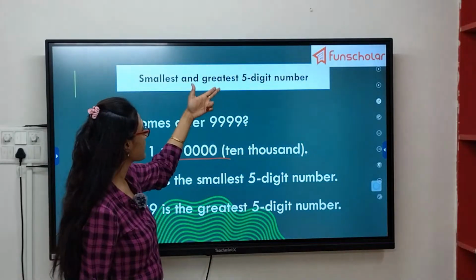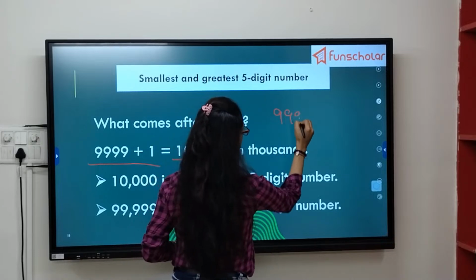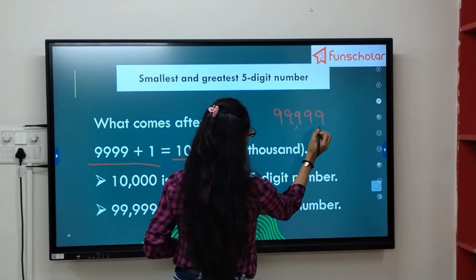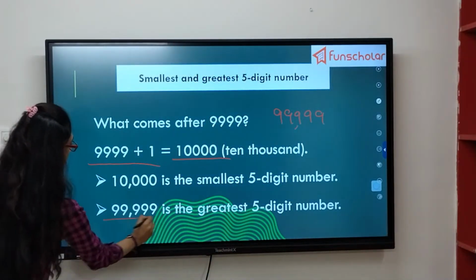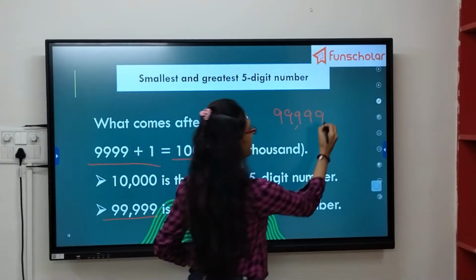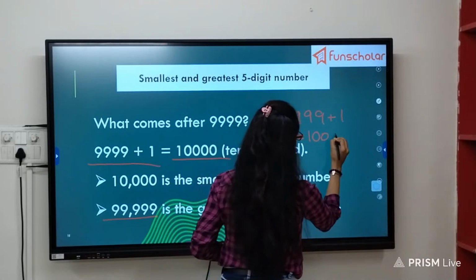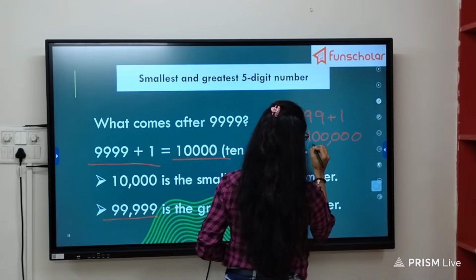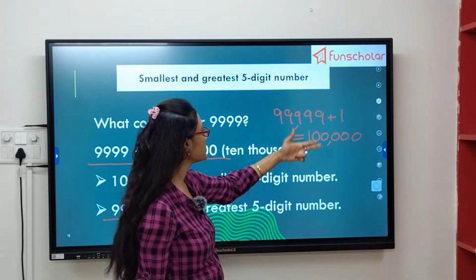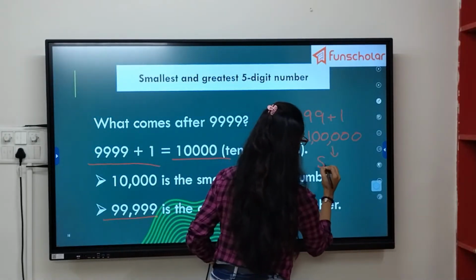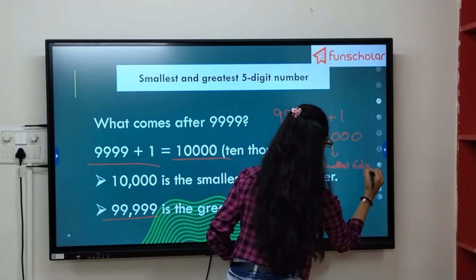Then what will be the greatest 5-digit number? It will be 99999. 1, 2, 3, 4, 5. 5 digit. Done? It is right. Now if I add again 1 with it, it will become the smallest 6-digit number.